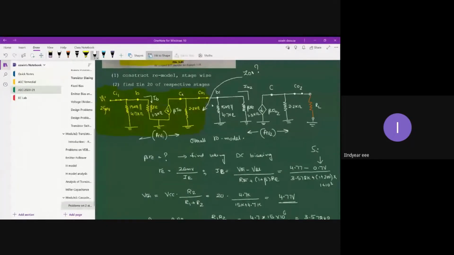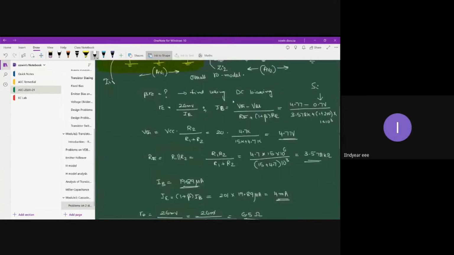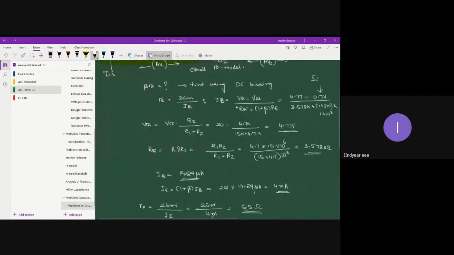Sorry, second stage. This is Zi2. This is Zi1. Can anybody tell me what is the output impedance of the first stage?